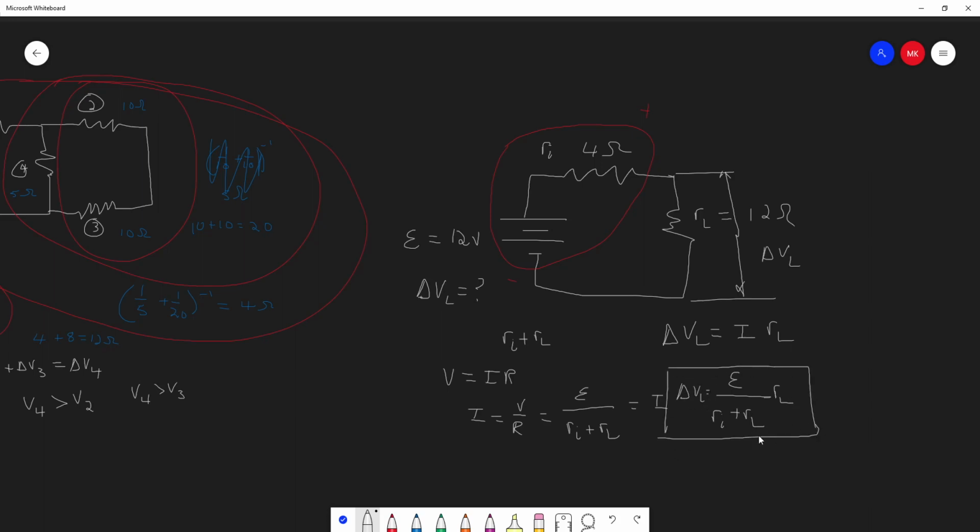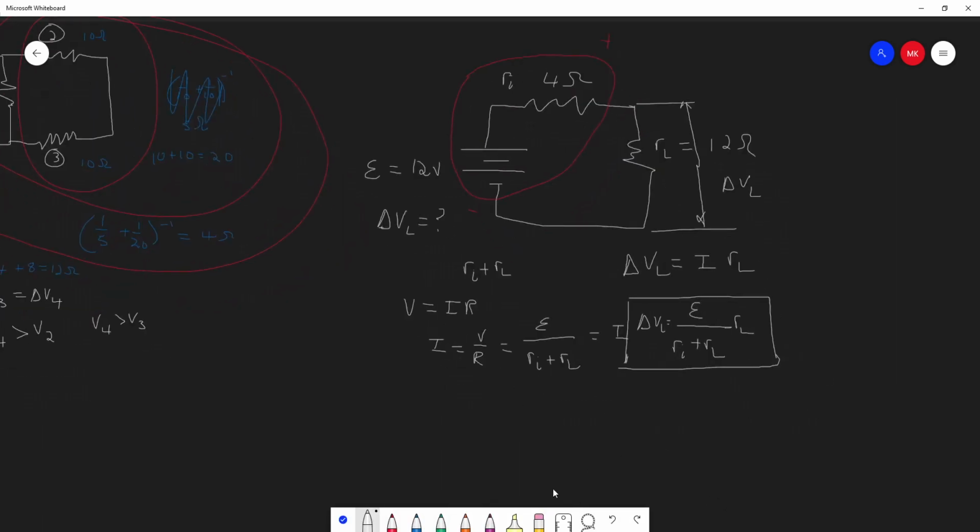And this is an important equation to know, FYI. So plugging in our values now that we just derived this, we're trying to find delta VL: 12 times our load resistance of 12 over 12 plus 4, which is 16, will give you 9 volts.